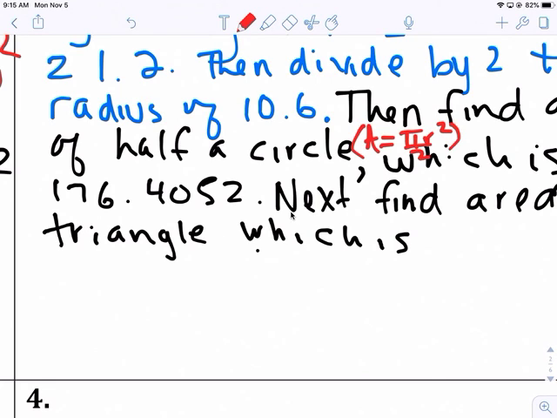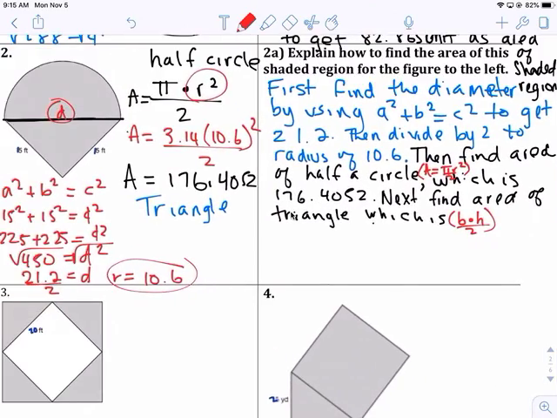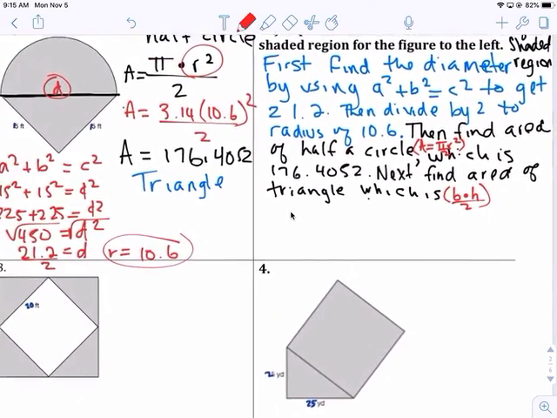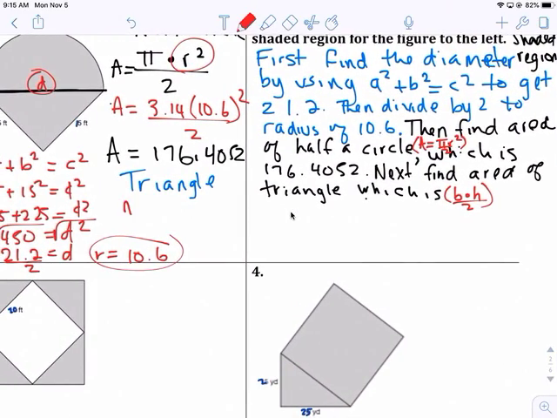The formula here is base times height divided by 2, or length times width, which is 15 times 15 divided by 2. You get 112.5 feet squared.